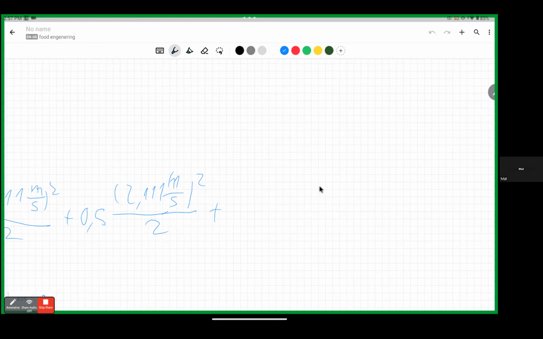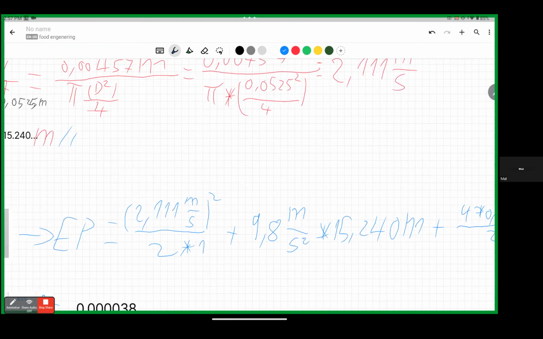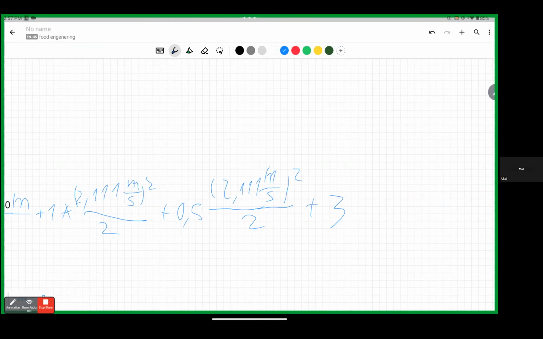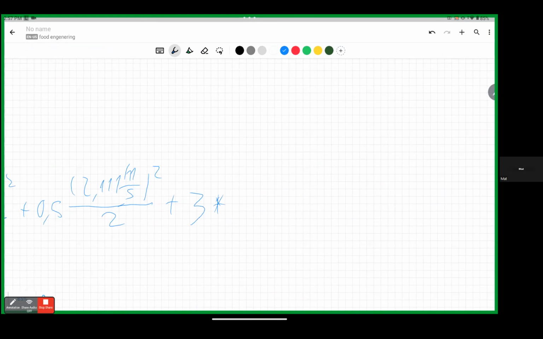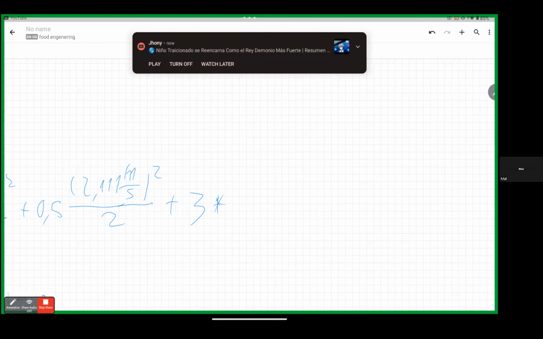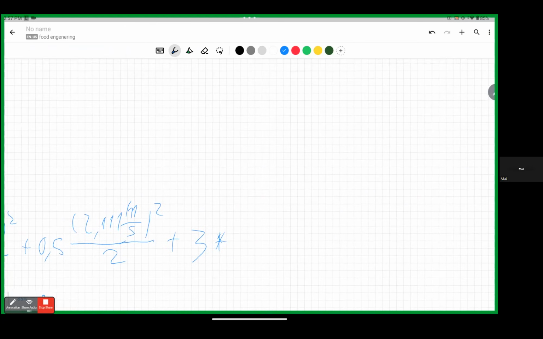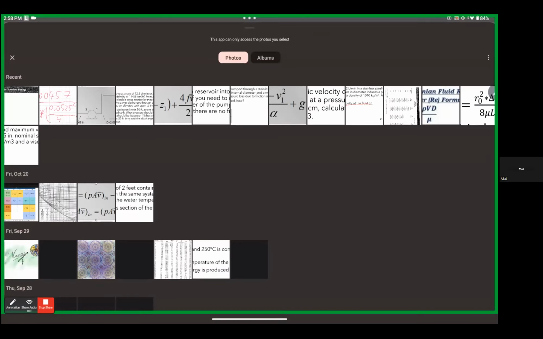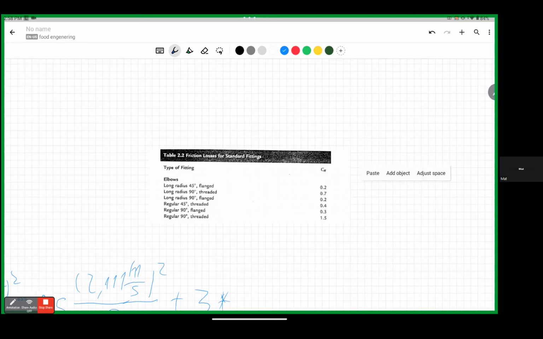In this case, we have 3 elbows. And the elbows are multiplied by the coefficient of elbows. Okay.